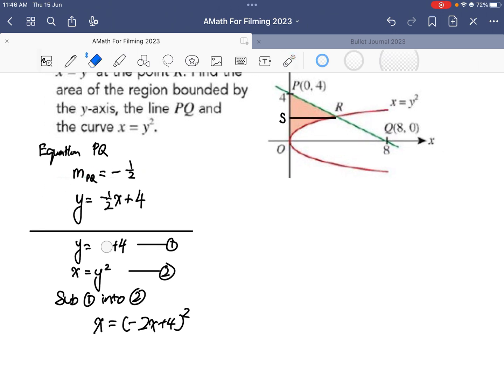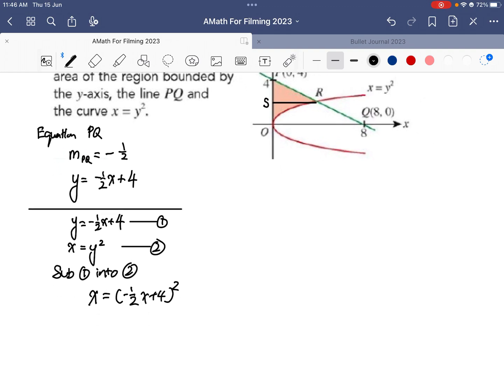Once I found the equation of PQ itself, what I can do here is to do simultaneous equations. So I substitute equation 1 into equation 2, of which equation 1 is the line PQ, equation 2 is x equals y squared.